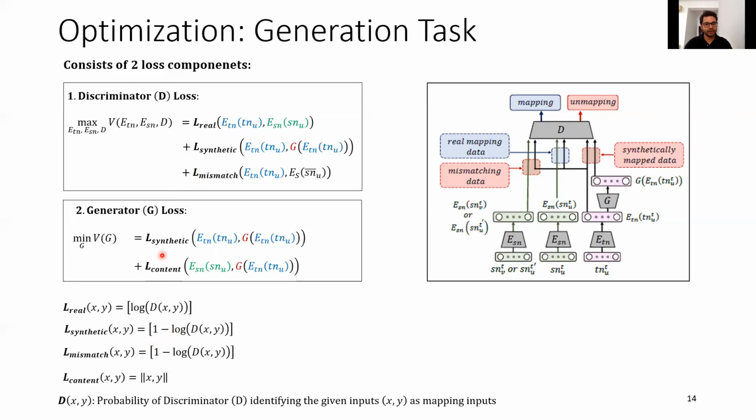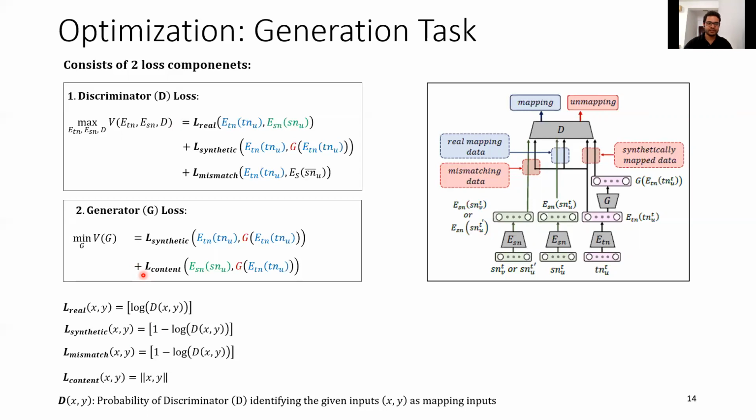And the generator loss function has two loss components. The synthetic loss component is trying to get the maximum probability from discriminator for the generated one. So it tries to fool the discriminator into giving a higher probability value. And additionally, we have a content loss function here that we did not discuss in the previous slide.